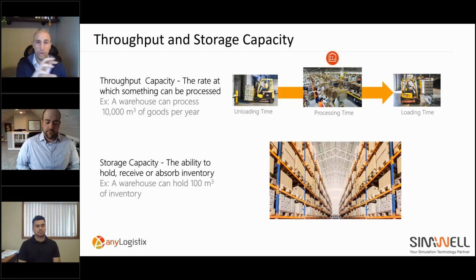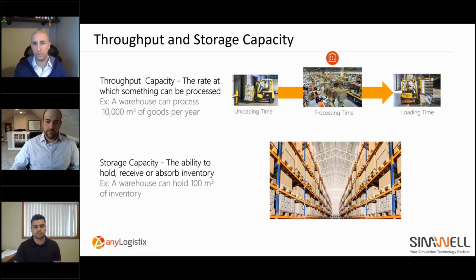So imagine how many boxes, how many pallets can we move? And when we talk about storage capacity, we're talking about how many units can be held in a warehouse, for example. So how many boxes, how many pallets can we hold in our system?